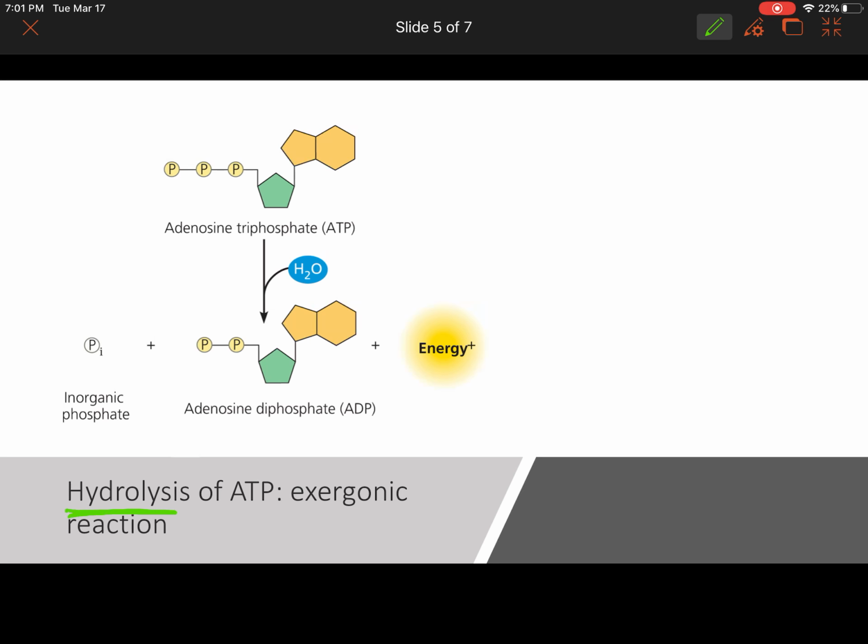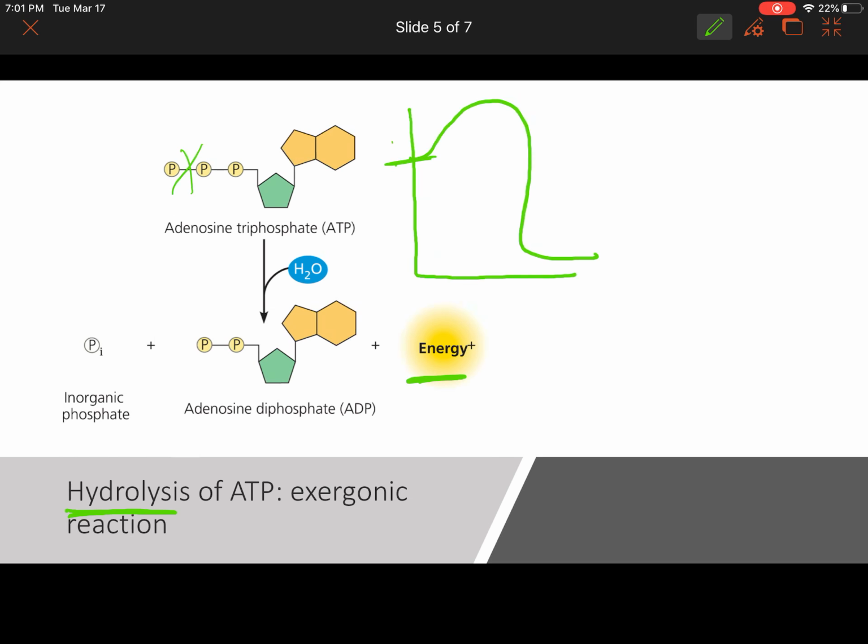All right, so when it is time for a cell to use energy in ATP, ATP is going to be hydrolyzed, which means an enzyme is going to come in and break the bond between the second and third phosphate group. And when it does that, energy is released. Well, because that energy is released, this is an exergonic reaction.